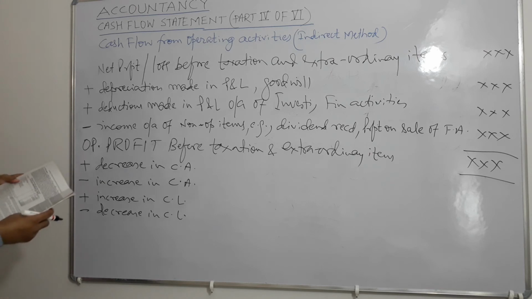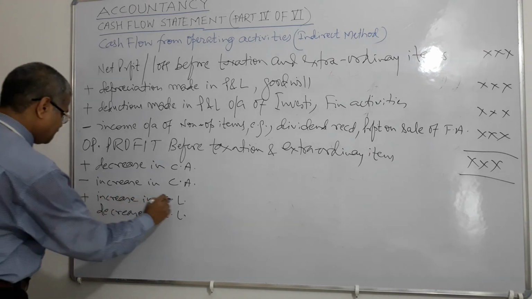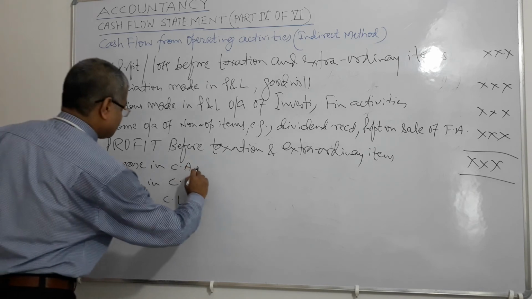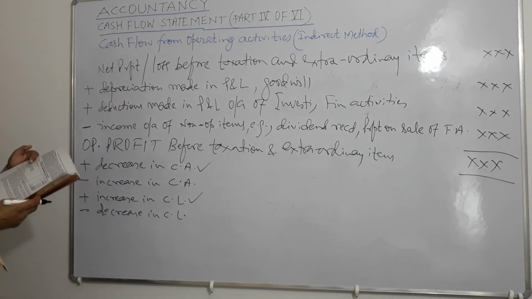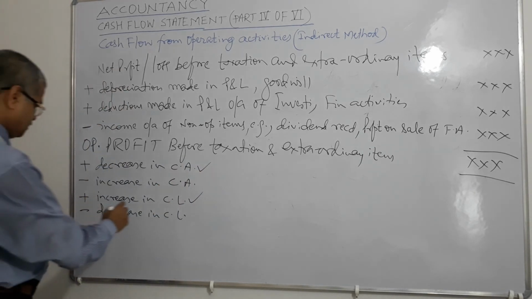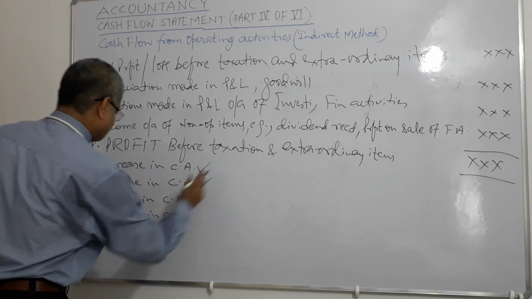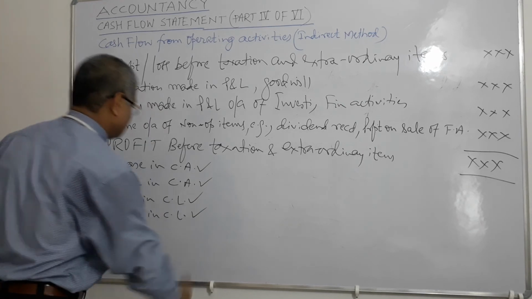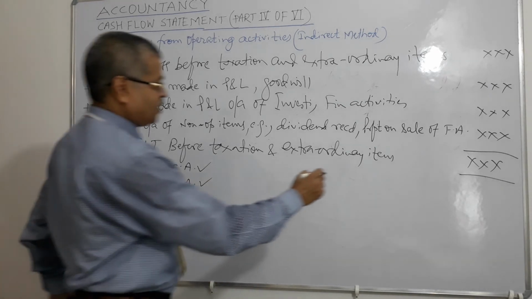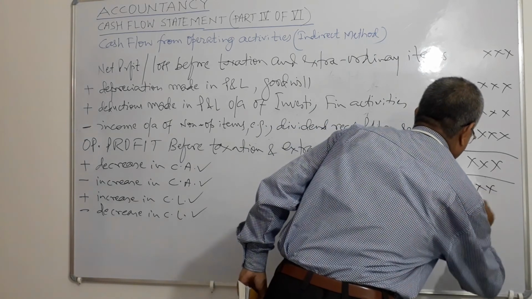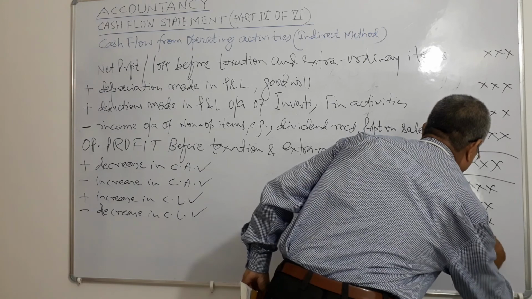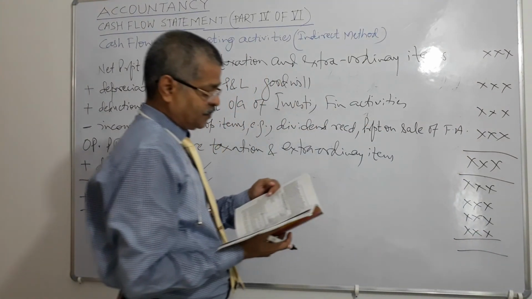Here also, increase in current liability is added, and decrease in current liability is deducted, right? So, when we account for these also, what do we get?